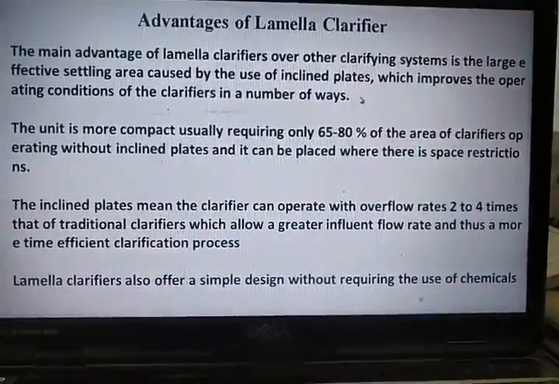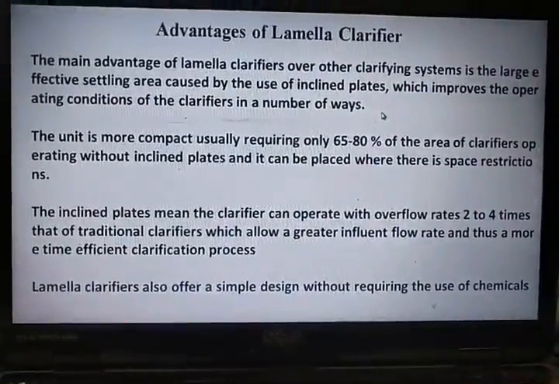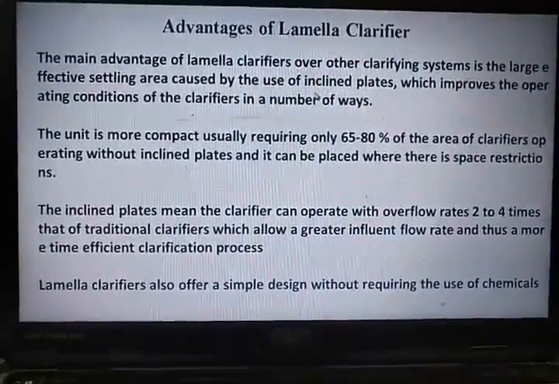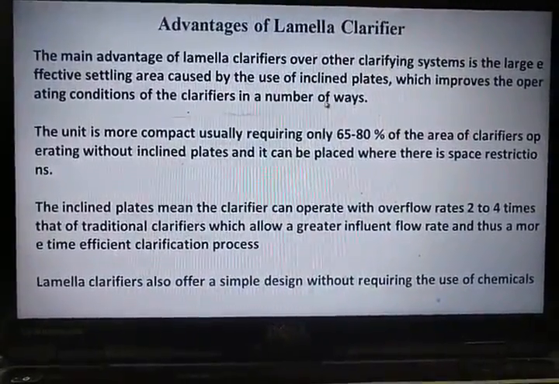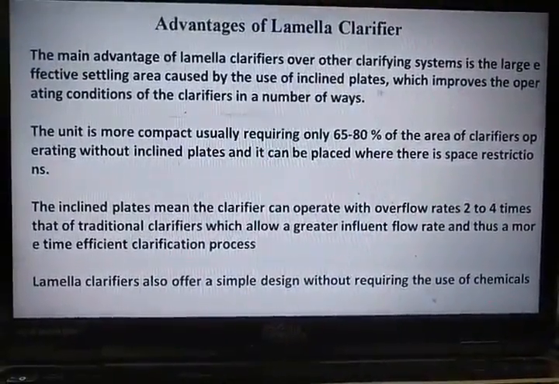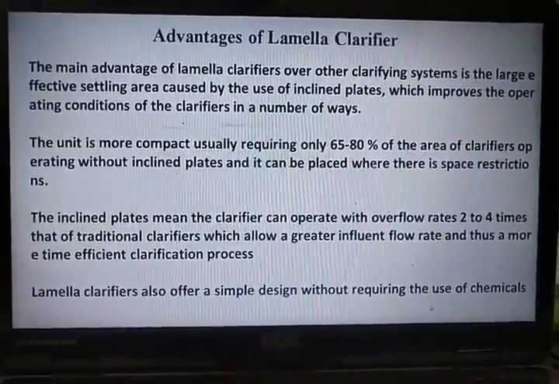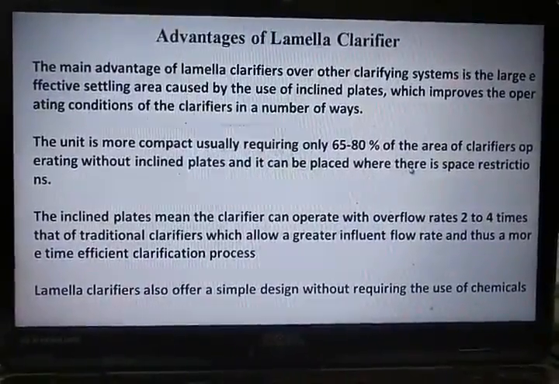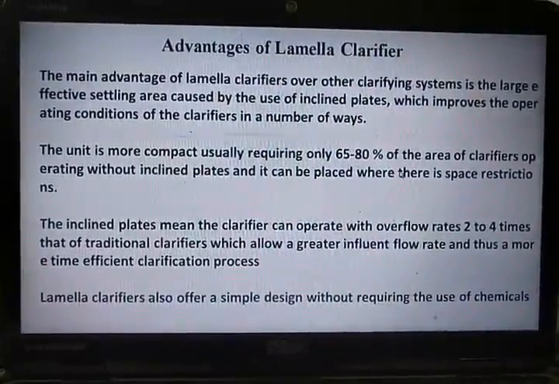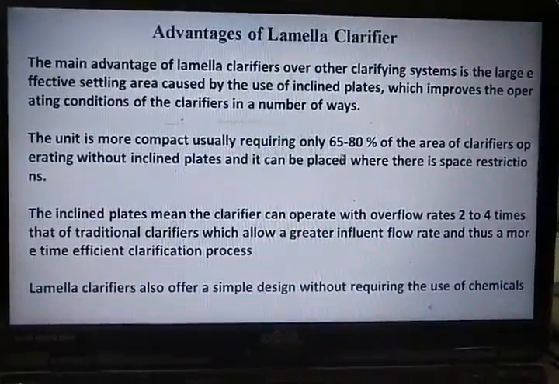Some of the advantages of the lamella clarifier are, due to the addition of these plates, it will increase the effective settling area, which will improve the operating conditions of the clarifier in a number of ways. That means the unit can be more compact; it will reduce the space by 65 to 80% compared to normal conventional clarifiers.